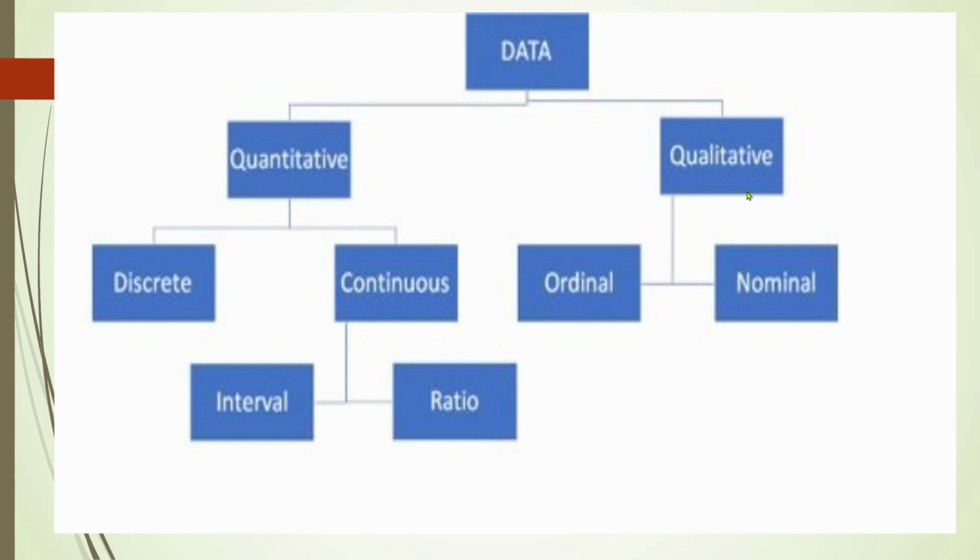If it's qualitative data, you can have ordinal and nominal scale. For quantitative, you can have discrete or continuous. Discrete data are count data, for example bacterial counts. For continuous, you will have interval and ratio scale. This is how you can link all the different types of data together.